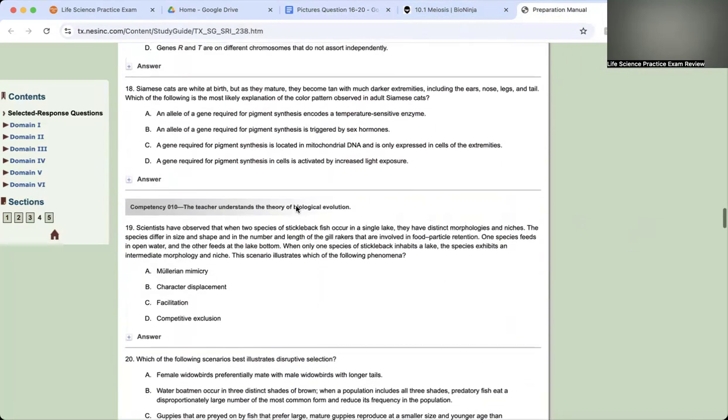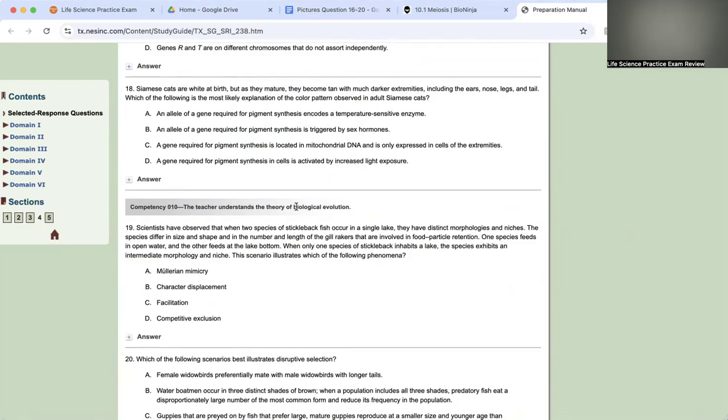So question 18 says, Siamese cats are white at birth, but as they mature, they become tan with much darker extremities, including the ears, nose, legs, and tail. Which of the following is a most likely explanation of the color pattern observed in these adult Siamese cats? So A, the allele of a gene required for pigment synthesis encodes a temperature-sensitive enzyme.